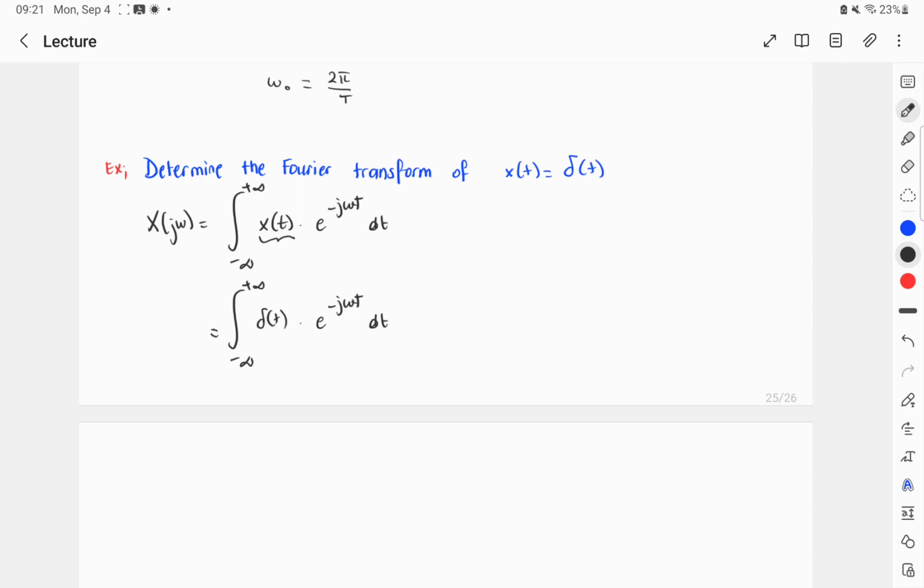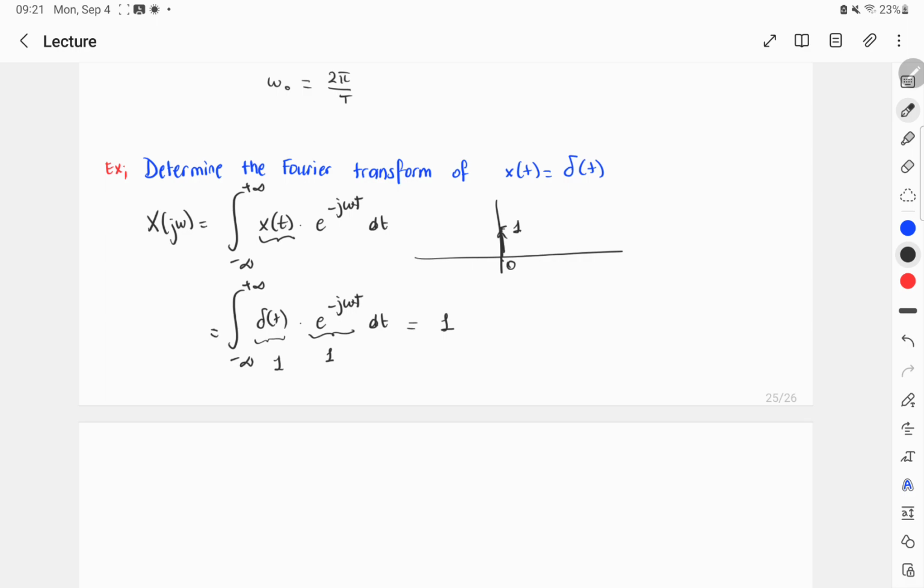When the delta function is not 0, it is at the point when t equals 0, then the delta function equals 1, right? When t is 0, this value over here becomes 1. So having a delta function 1 and this one 1, we will get 1 in return.